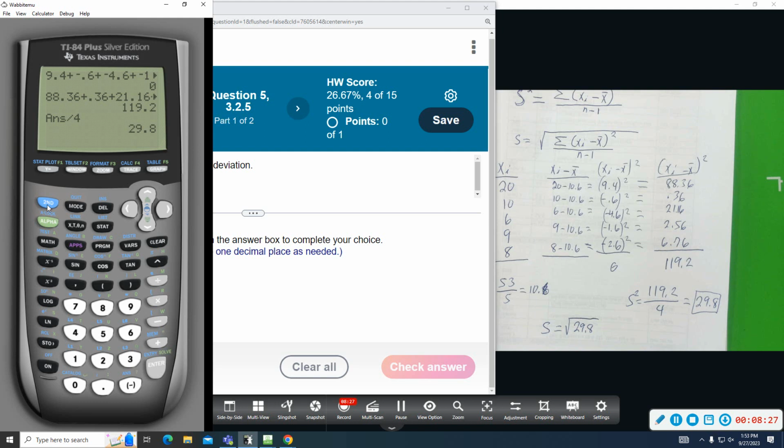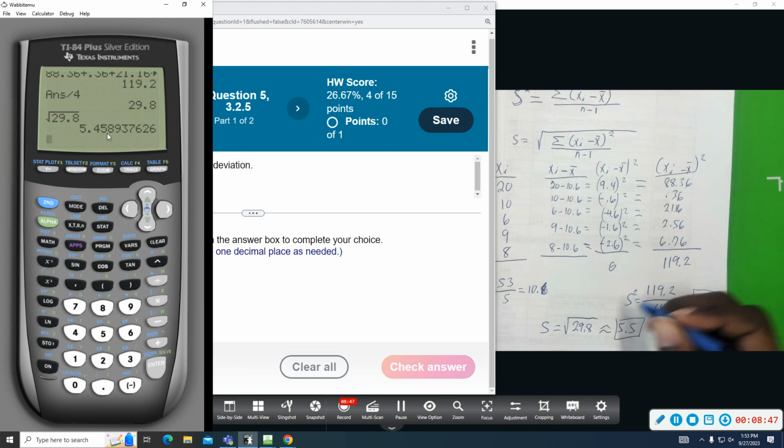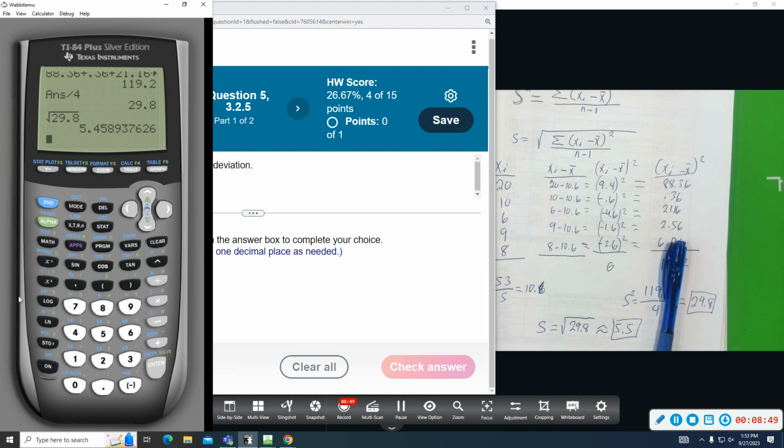So let's do second square root, 29.8. We are supposed to round to 1 decimal place, so we're going to say 5.5. Approximately 5.5.